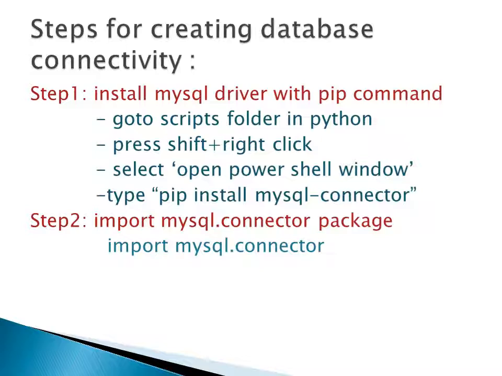Then you will get few options. In these options you will select open PowerShell window. Then a window opens in front of you. Now you will type pip install mysql-connector. Then press enter key. It will take few minutes and your MySQL connector will install.